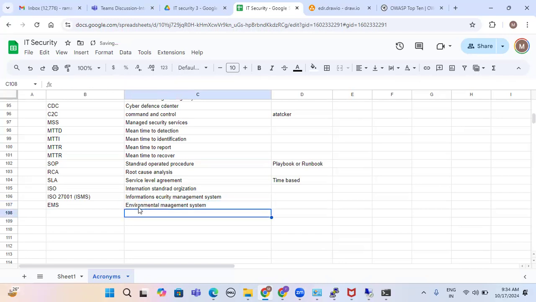Every organization has a responsibility to complete environmental management system certification because of ozone layer depletion, carbon dioxide emissions, and global warming. It's mandatory, and it is each person's and your organization's responsibility. This is one of the compliances.